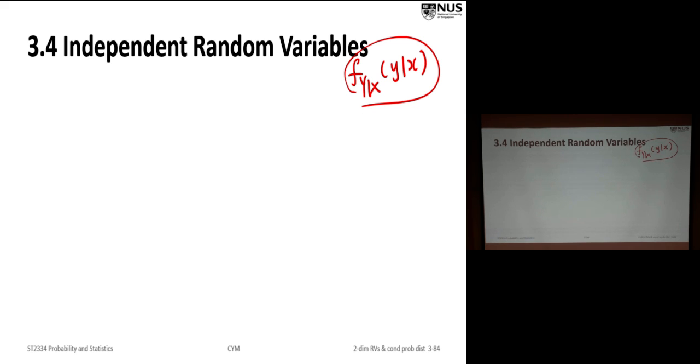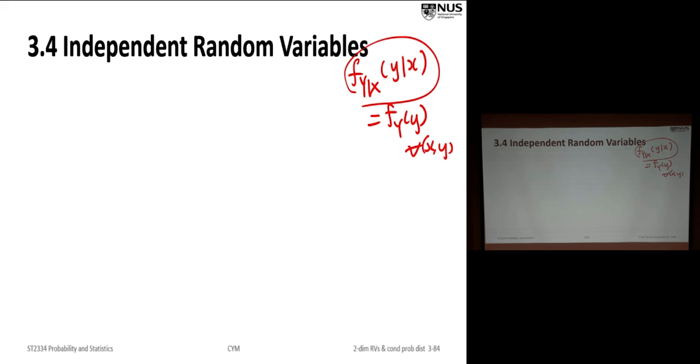All right, so now, based on this conditional distribution, suppose it can be shown to equal f of y. In other words, the whole expression does not involve any x, and this is true for all x, y, including the range.